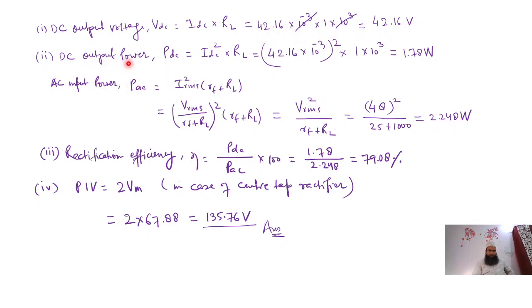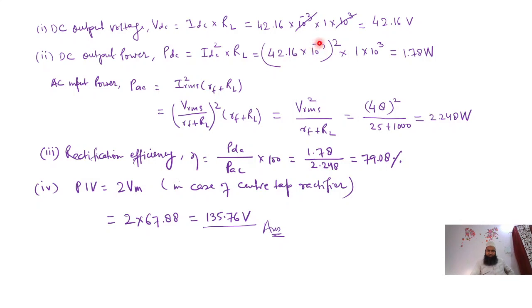Now DC power output PDC can be calculated as IDC square into RL. IDC is equal to 42.16 into 10 to the power minus 3, complete whole square, into 10 to the power 3. Care must be taken when we are squaring the current which is in milliampere.